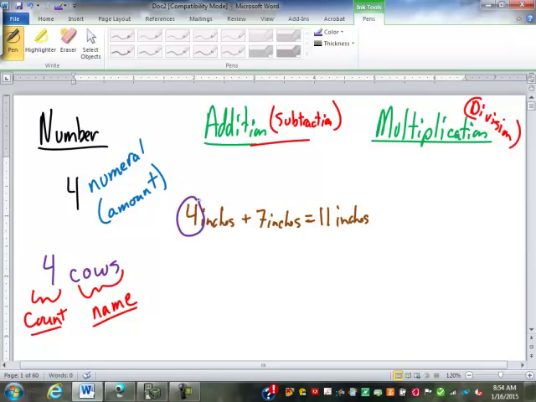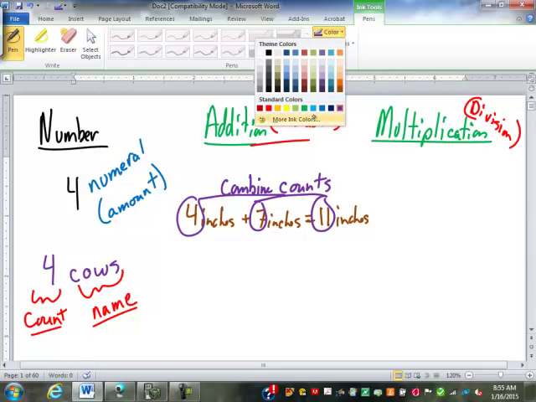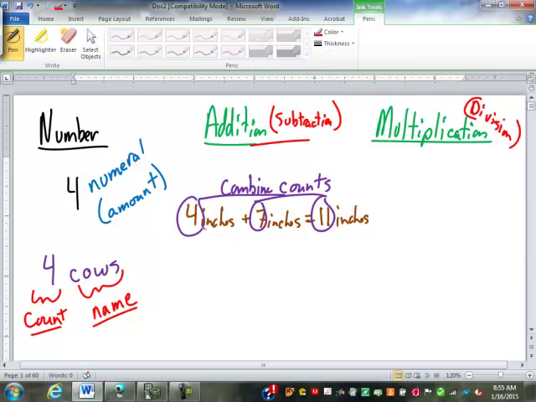For the counts, we had 4 and 7, and it became 11. We combined the counts. We're adding, so we combined them with addition. But if we look at the names, we had inches, and it stayed inches. When we add numbers, we keep the same name.